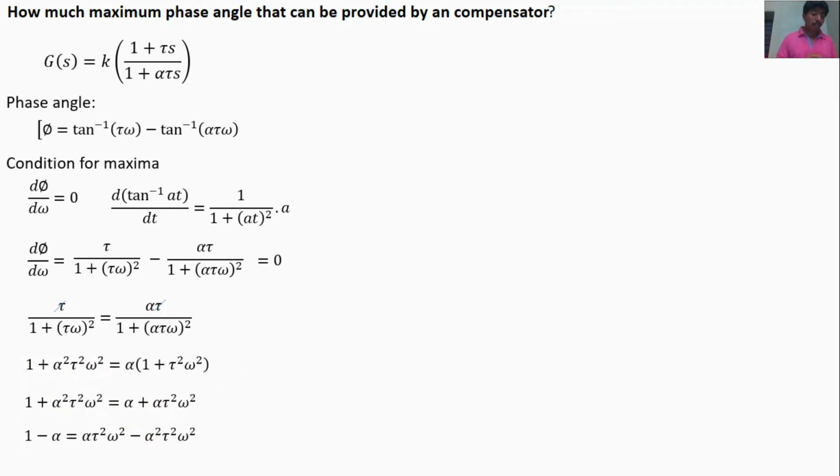We get 1 minus alpha is equal to alpha tau square omega square minus alpha square tau square omega square. Here alpha tau square omega square is a common term for both, so take it outside. So we get 1 minus alpha is equal to alpha tau square omega square. Here 1 minus alpha will be cancelled. So 1 is equal to alpha tau square omega square.